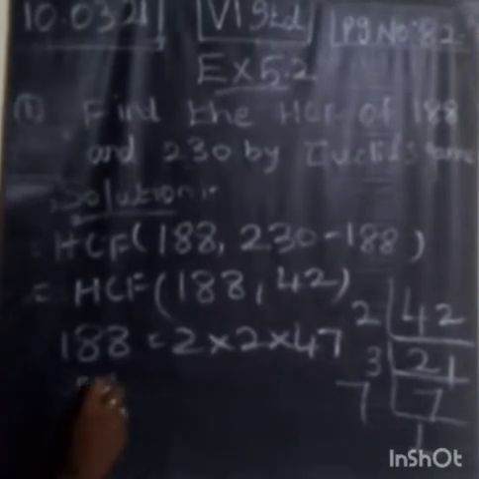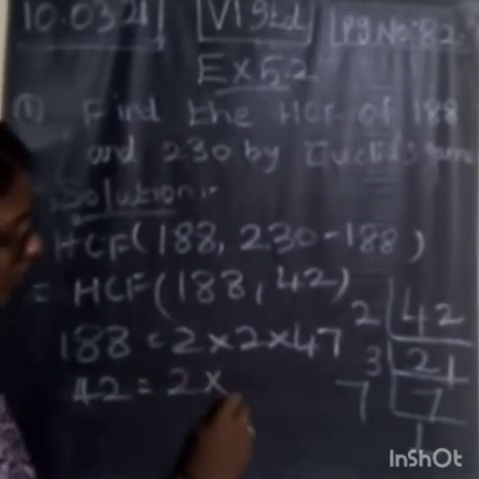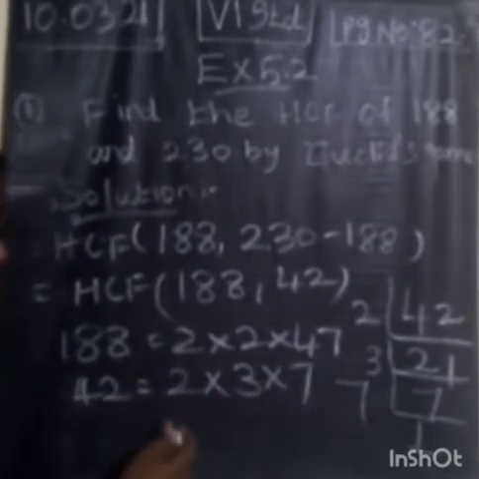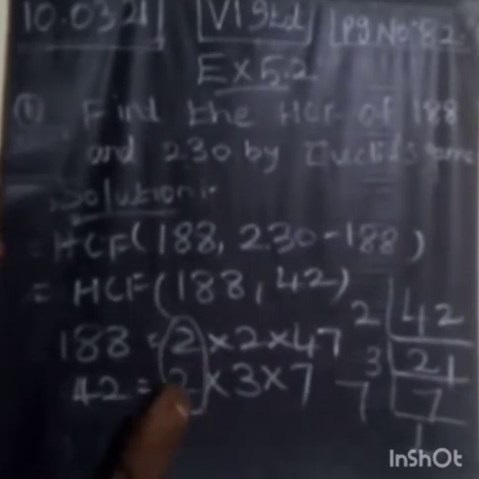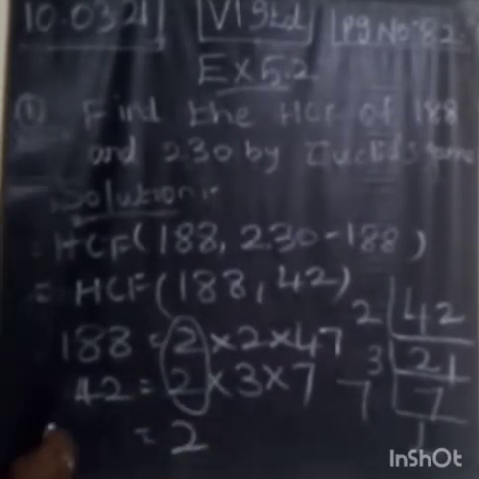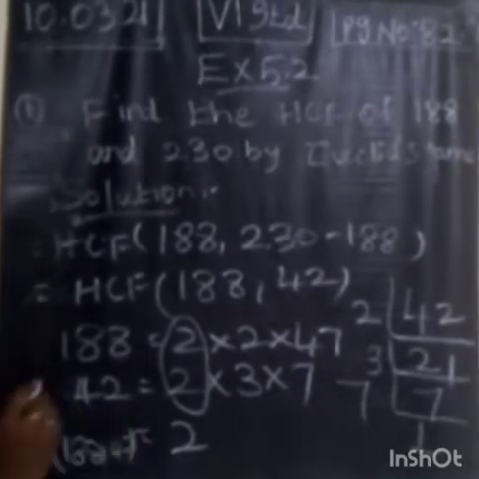So the prime factorization of 42 equals 2 into 3 into 7. The common factor is 2, so HCF of 188 comma 42 equals 2.